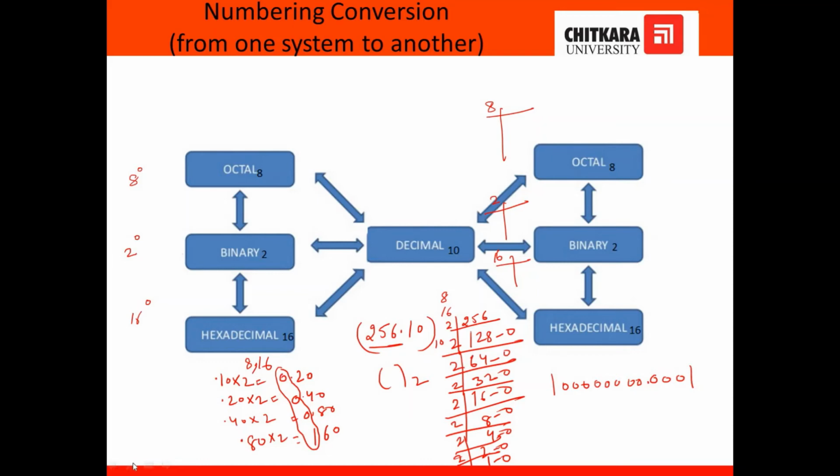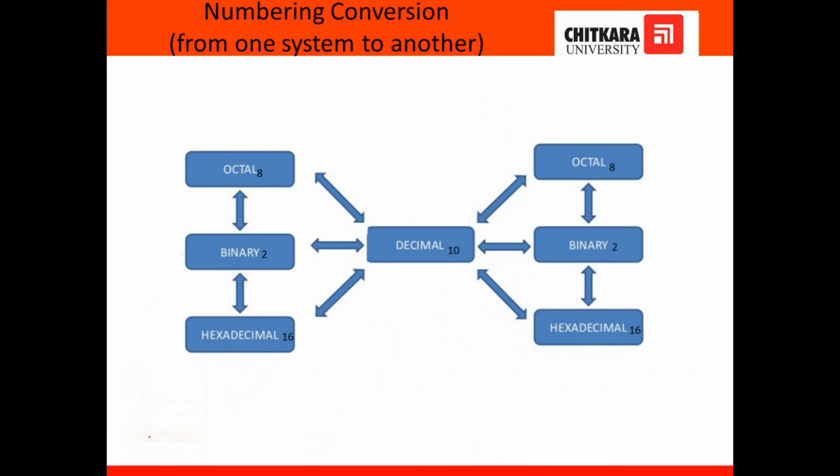Fine. So let's do the reverse of it. So let me erase the whole thing. Okay. Let me do an example. For example, if I'm having 256.10 in decimal, and you want to convert it into base 16, then divide. What will be the value?